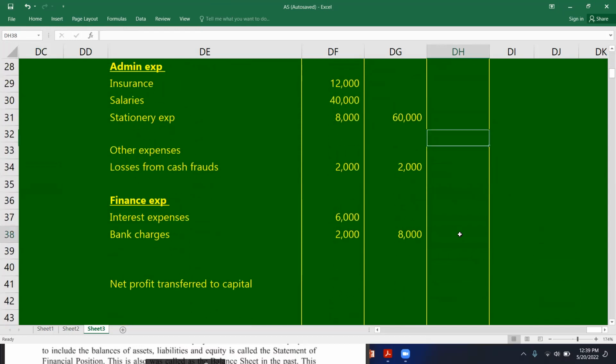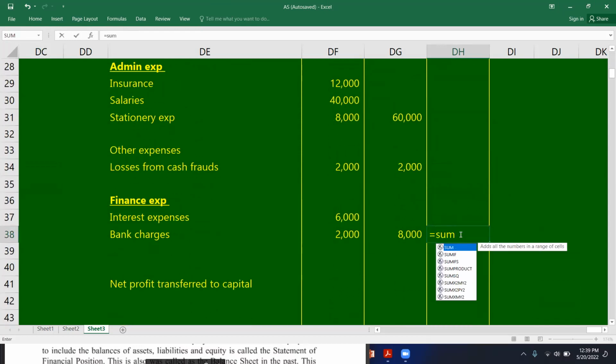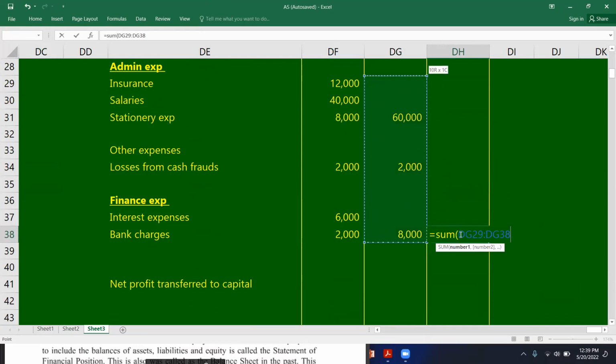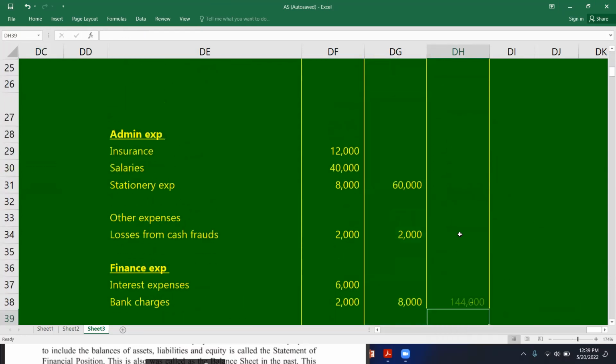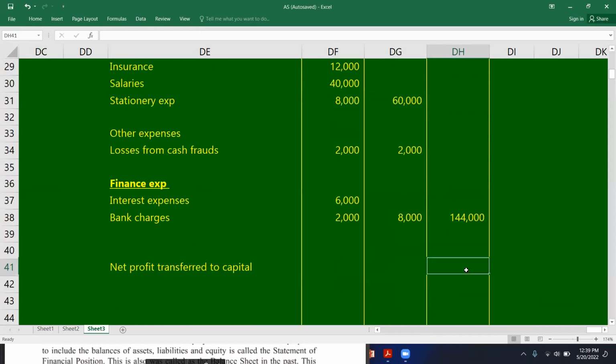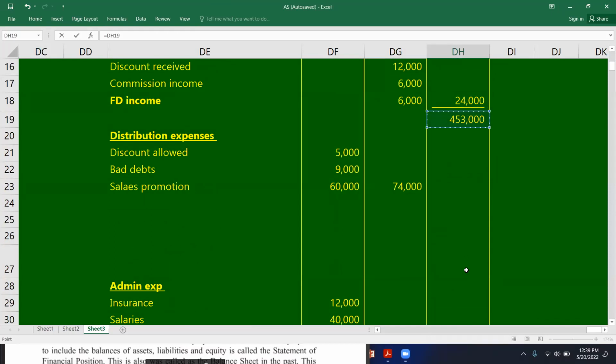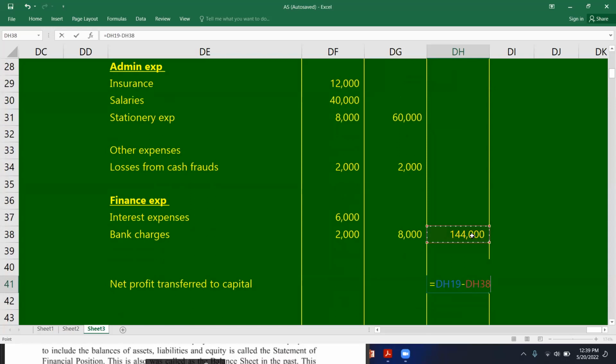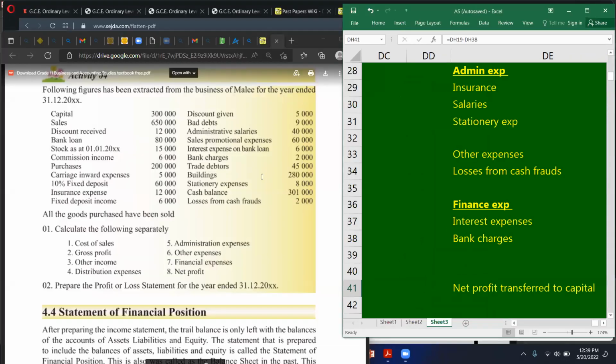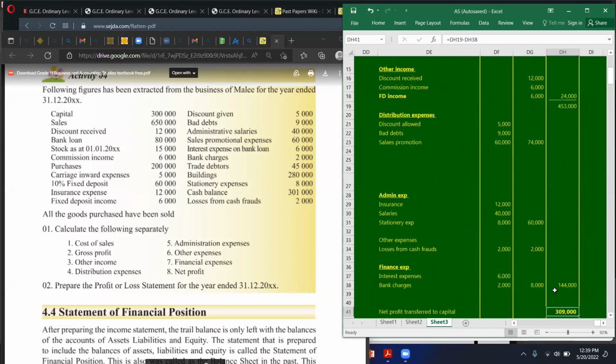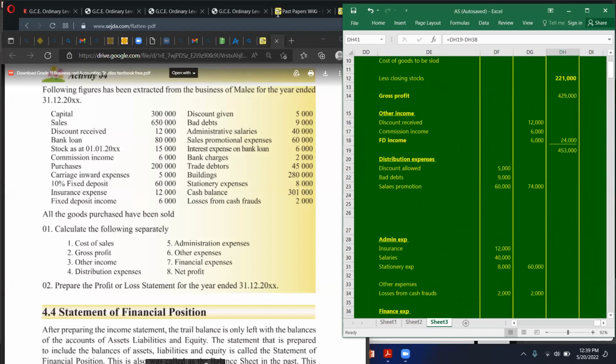And all the expenses. The difference between gross profit plus other income and total expenses is net profit. Correct or wrong? Is it clear? Yes.